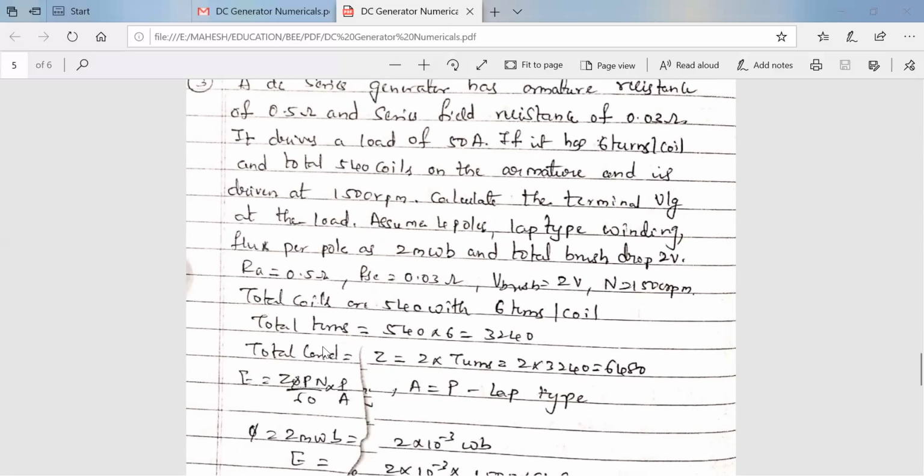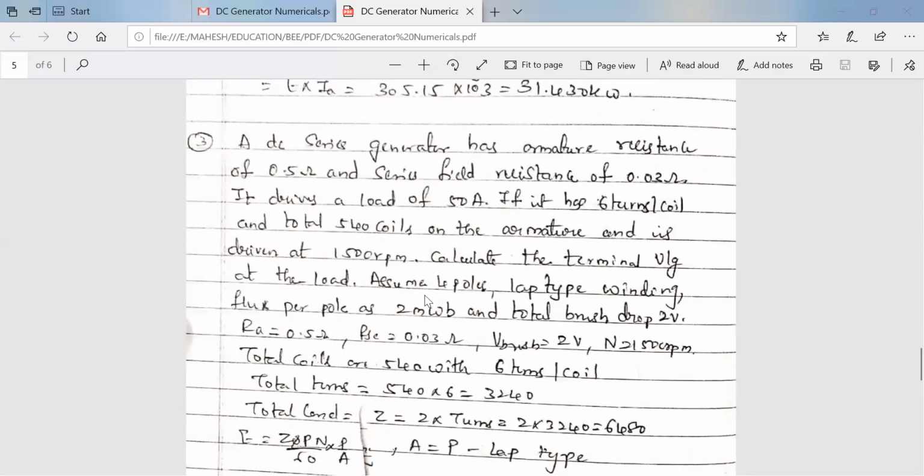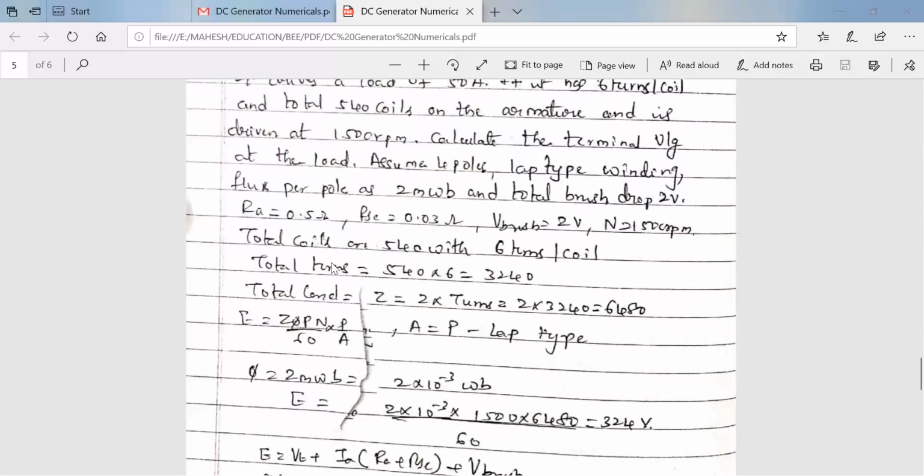So to calculate the number of turns, we have to consider number of coils and how many turns are there for each coil. So he has given a total coils of 540 and 6 turns. Therefore, with 6 turns per coil and total coils 540, the total number of turns is 540 into 6.